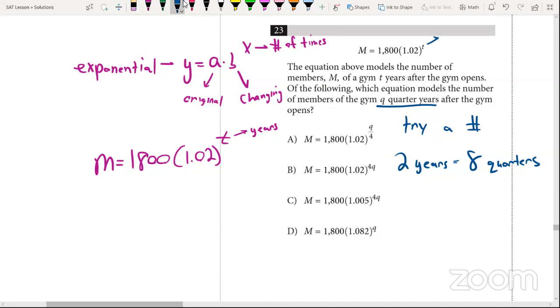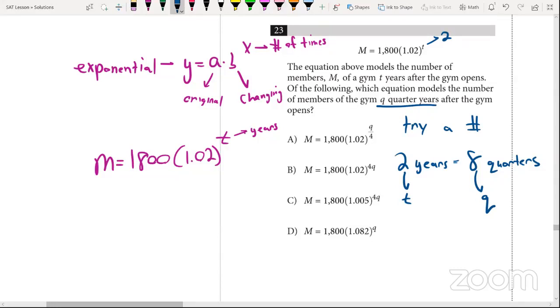So if we had a 2 right here, what that means is that this thing is going to be triggered twice. 1800 is going to rise by 2% 2 different times. Multiply by 1.02 and then multiply by 1.02 again. So in other words, that would be T is 2 because that's the number of years. So now when Q is 8, it's the same period of time. We're just in a different unit.